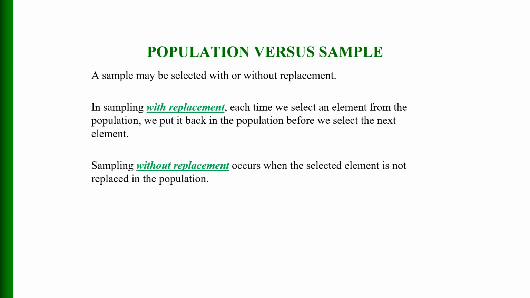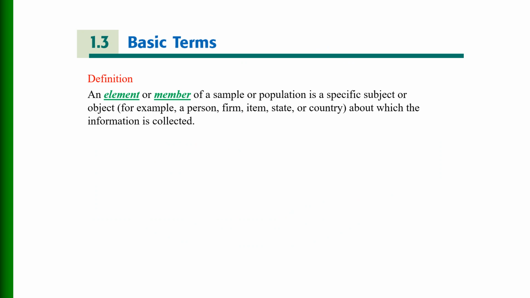In sampling with replacement, each time we select an element from the population, we put it back in the population before we select the next element. Sampling without replacement occurs when the selected element is not replaced in the population. We don't put it back in the population before we select the next element.